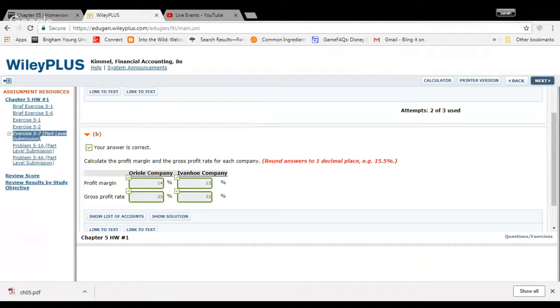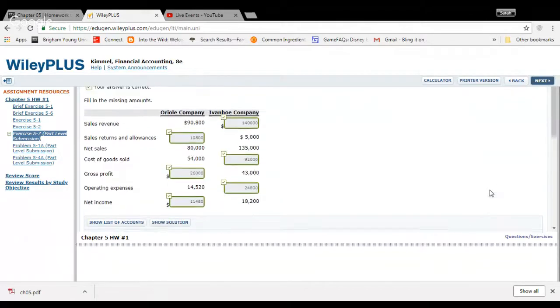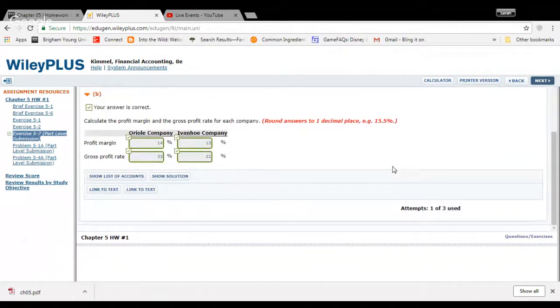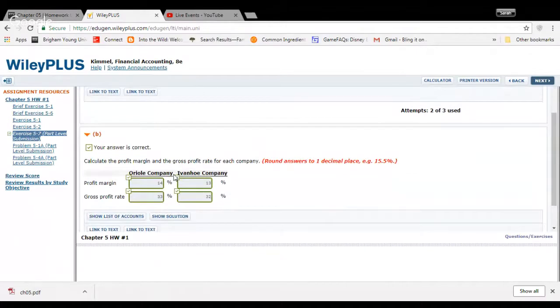over net sales. So for the first company, we put 11,480 over 80,000, and then you divide those and you get 14% for the profit margin for the first company.